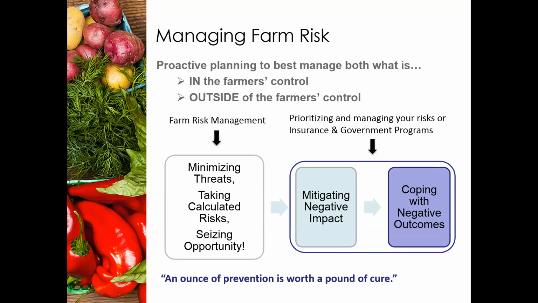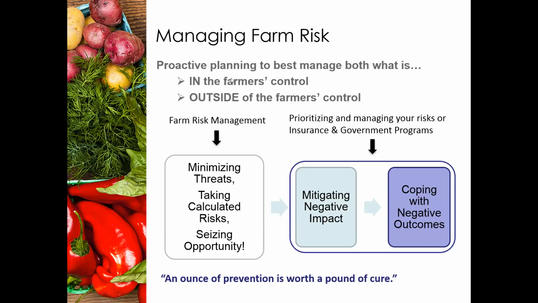Thank you, Matt. Now, Matt's really done a good job here of outlining the scope and what you need to be looking at and why. But now we've got this big pile of risk, and we're probably fairly freaked out. But there is a way of managing it, and that's our goal, is to manage the farm risk, to be proactive about it, and be planning as to how to do it.